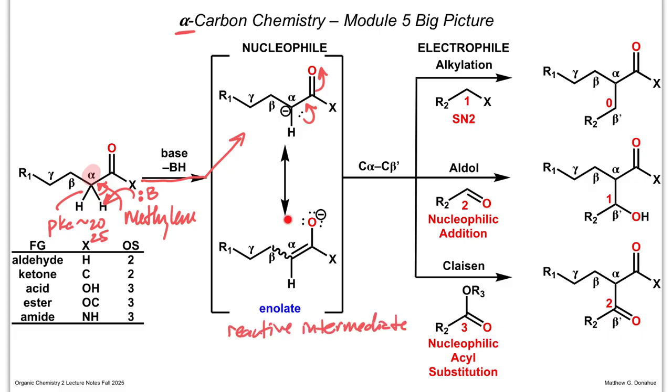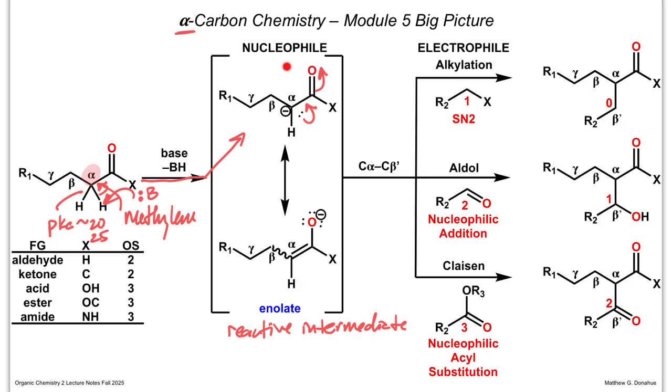So of the two resonance hybrids, the enolate probably bears more weight in terms of where the negative charge is because oxygen's electronegative. But in terms of reactivity, the reactivity is primarily happening at the alpha carbon. And since it's a lone pair, carbon's negative, it's a nucleophile.